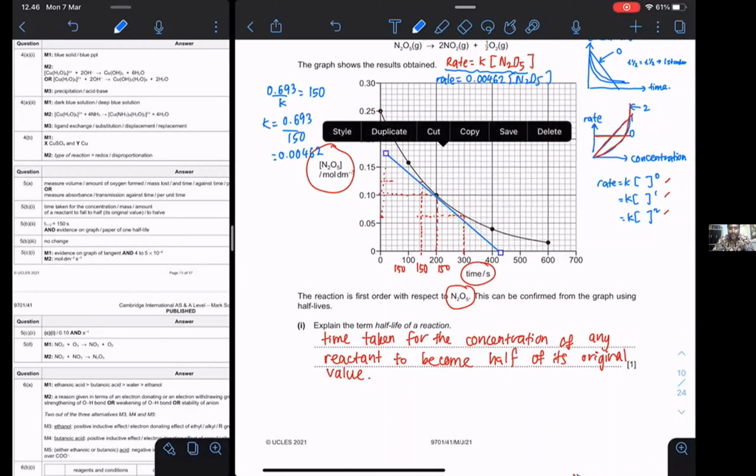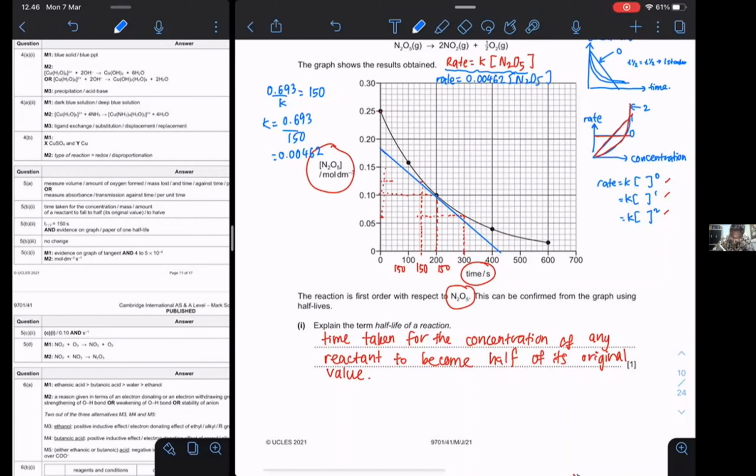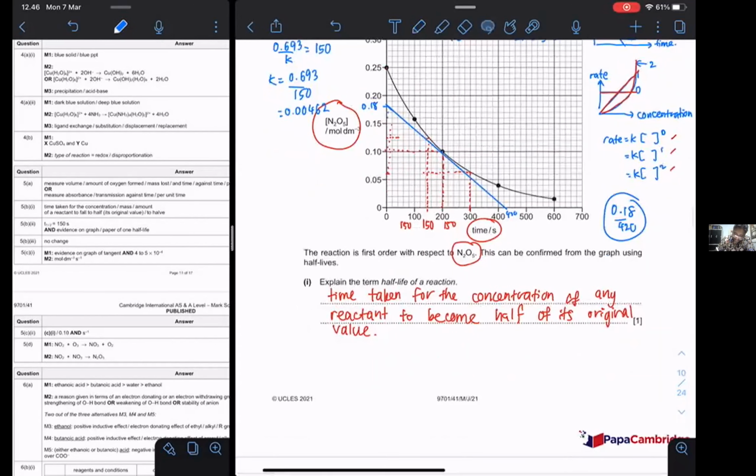If you put it over there, of course you can draw it nicely. If I try to calculate this, this is going to be maybe here 0.18, and this is going to be 420. So the gradient is going to be 0.18 divided by 420.